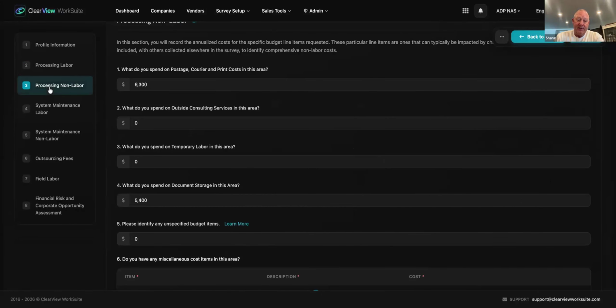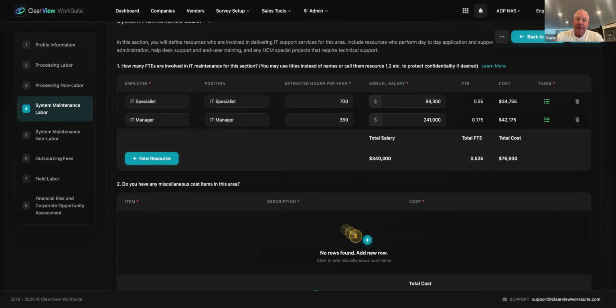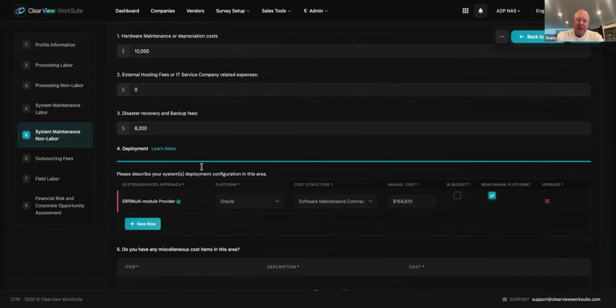This would be the processing non-labor, where we'd get things like postage and courier cost and spend in document storage and spend in temporary labor and those kinds of things. This would be the IT labor, so folks that are supporting the system and everything like we discussed. This would be the system non-labor.